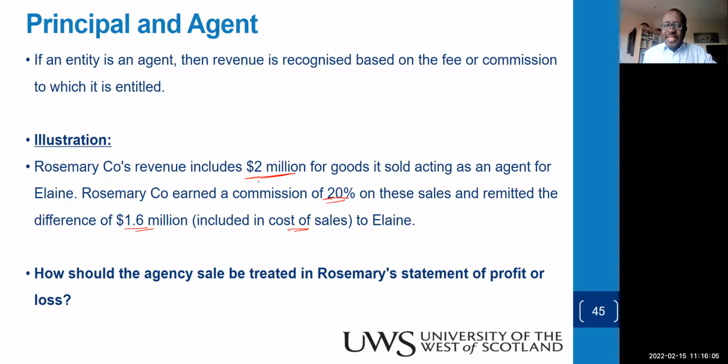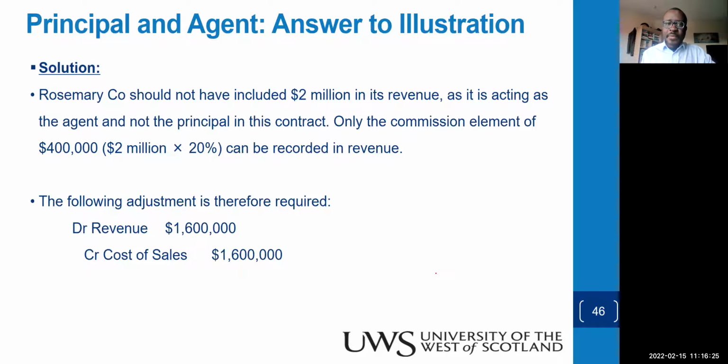So typically this person has recognized in excess of 2 million. He shouldn't. It should be 1.6. So he must reverse these transactions from his cost of sales and his revenue, wherever he's posted it. How should the agency sale be treated in Rosemary's statement of profit or loss? Like I said, he's only entitled to 20% of the sales.